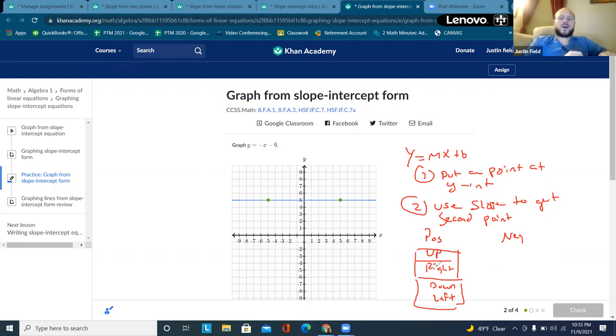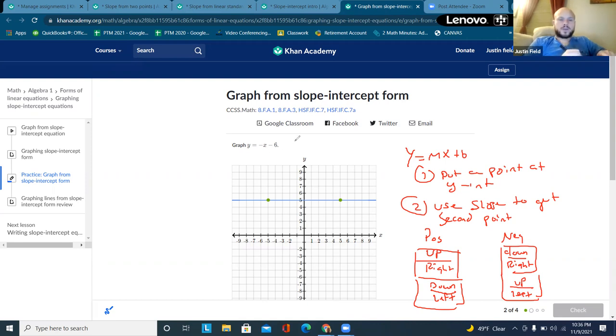And we're either going to go up and right or down and left using that fraction. If the slope is negative, then we would go down and right, or we would go up and left. So when I start doing that, I'm going to do two examples here.